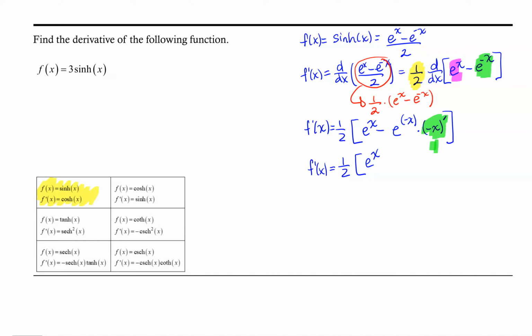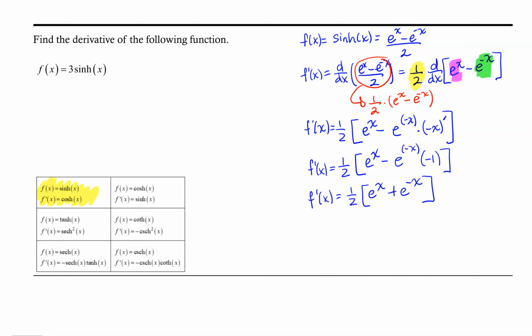So with that in mind, we can rewrite this as e to the x minus e to the negative x times -1. And now I have minus and a factor of -1, so this will turn into addition. So f prime of x is equal to 1/2 times e to the x plus e to the negative x.